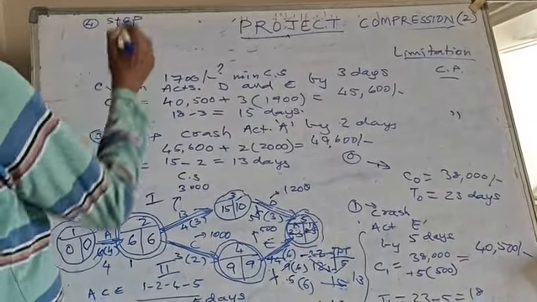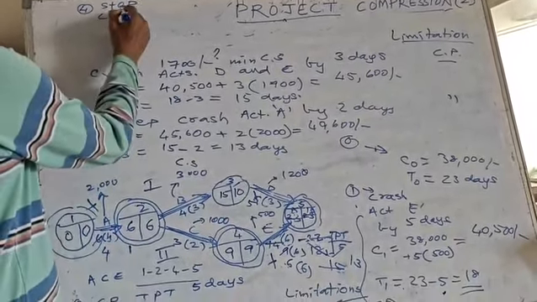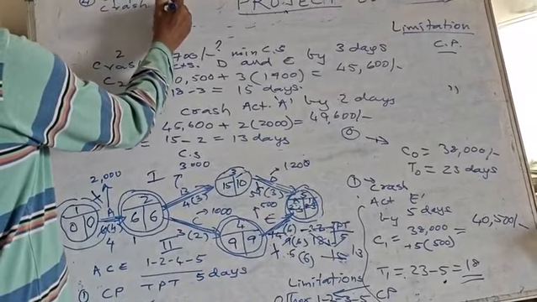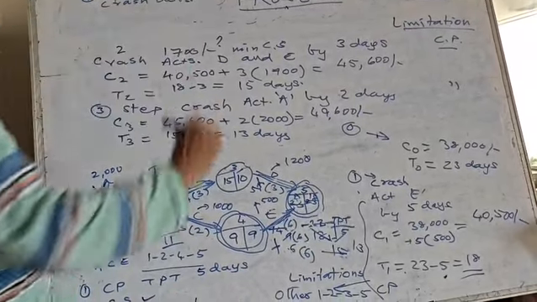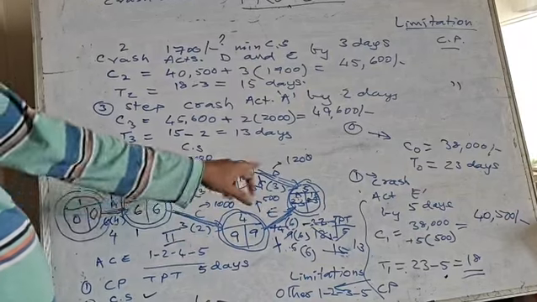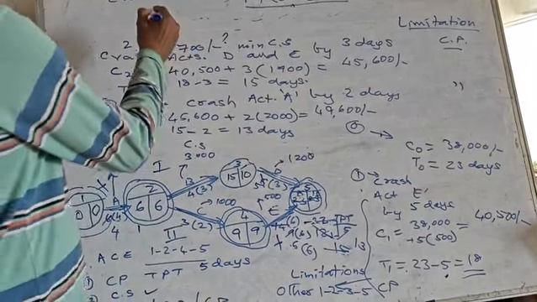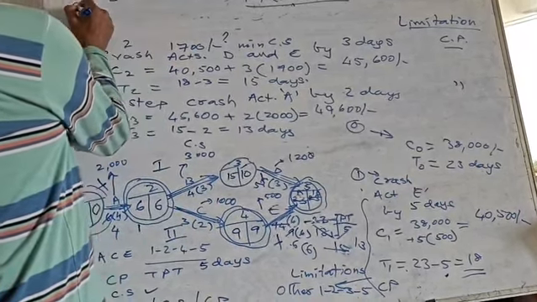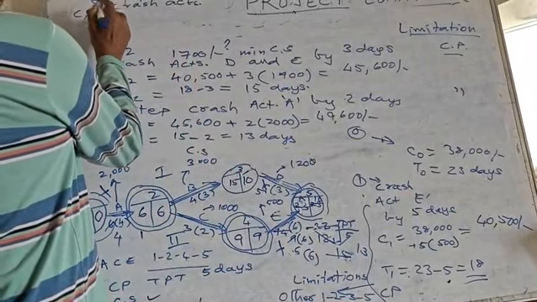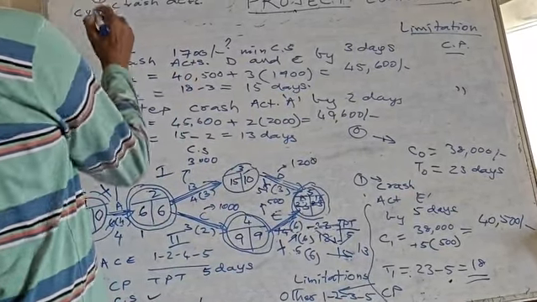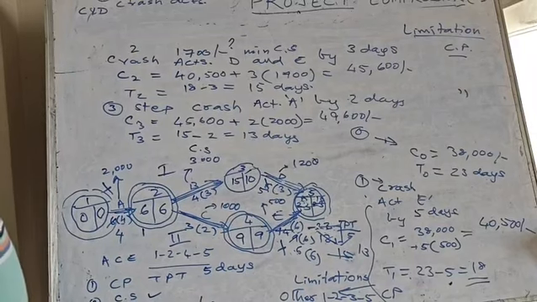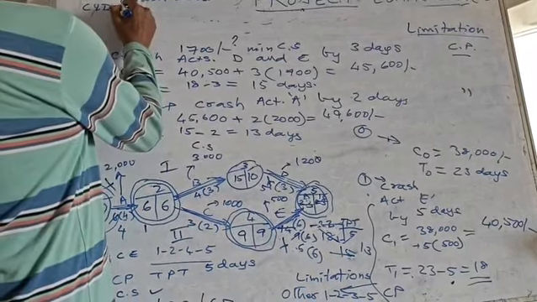Fourth step will be crash activities C and D. Crash activities C and D by how many days?